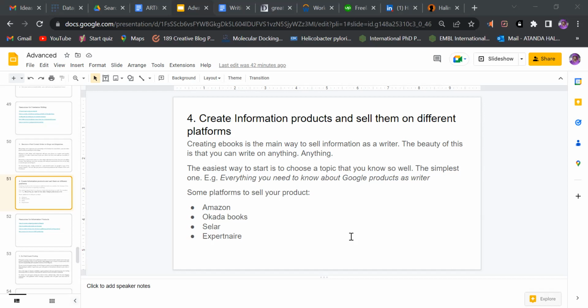So there's that. And then there is Okada Books. Okada Books is mainly for novels. So if you're a creative writer and you have ideas, you have all these short stories, maybe you wrote a story on anything at all, on Okada Books, you can sell your product. It's going to accommodate you and you can put a price tag on it and you can even market it.